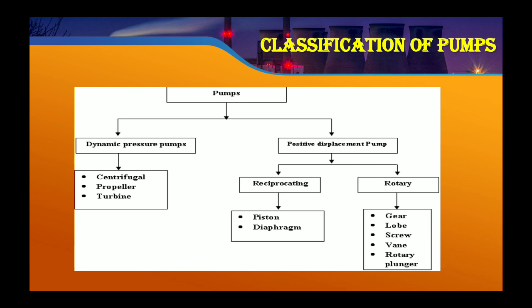The positive displacement pumps can be classified into two categories: one is reciprocating pump, another is rotary pump. The reciprocating pumps are the piston and diaphragm types, and the rotary pumps are the gear, lobe, screw, vane, and rotary plunger types. So these are the different types of pumps.